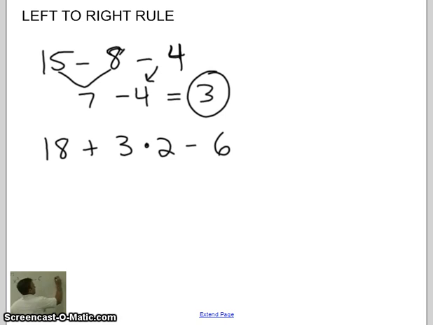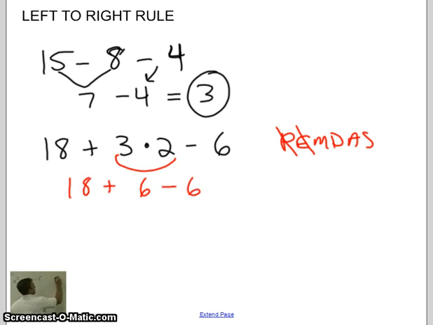The left to right rule again applies here. First I need order of operations. Do I have parentheses? No. Exponents? No. Multiplication then division, that's next. Do I have multiplication? Yeah, I have multiplication right here, 3 times 2, which is 6. So I have 18 plus 6 minus 6.